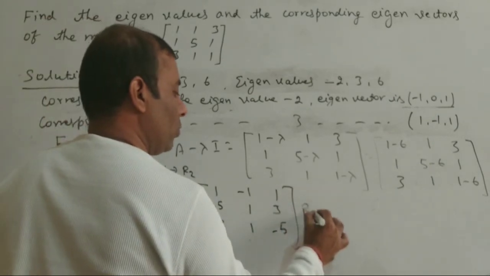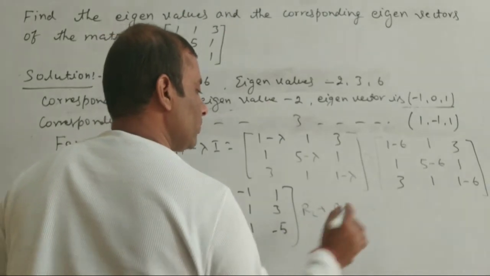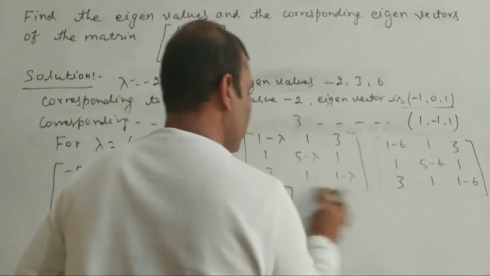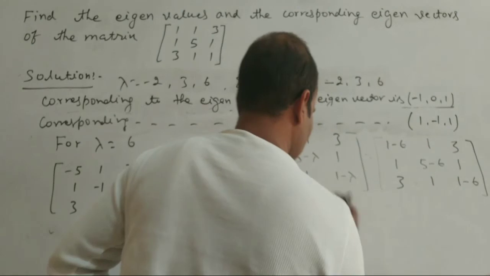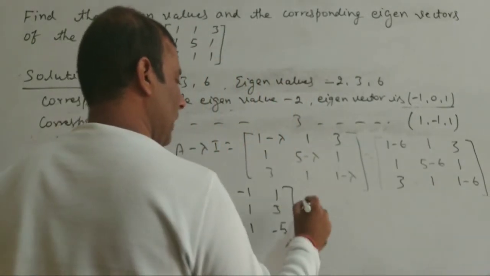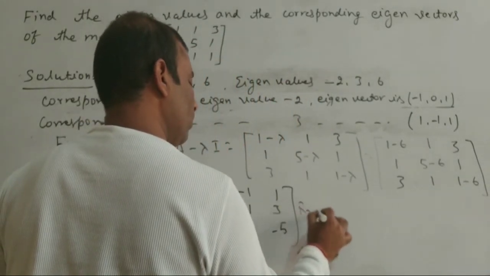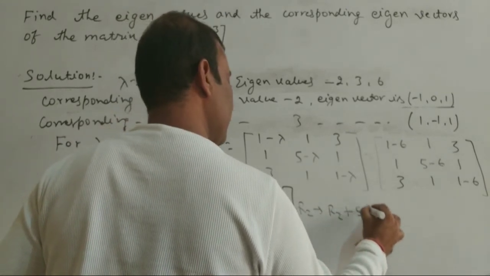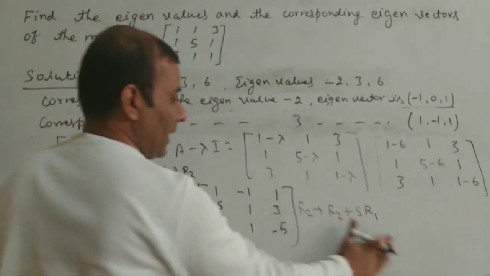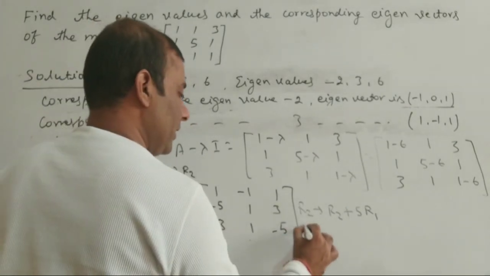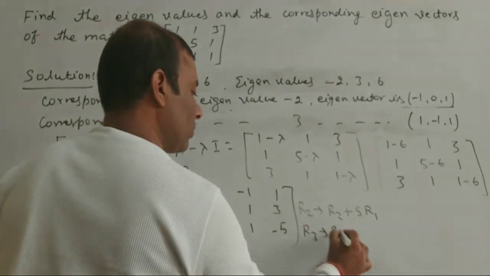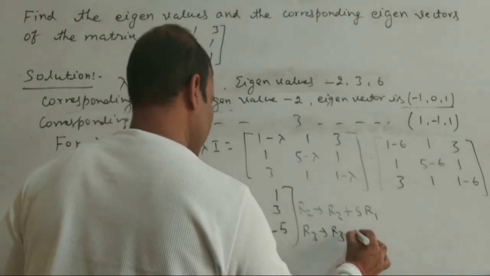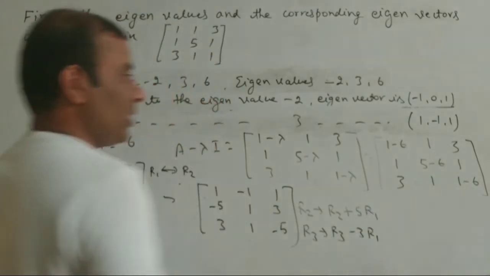Now R2 goes to R2 plus 5R1 and R3 goes to R3 minus 3R1.